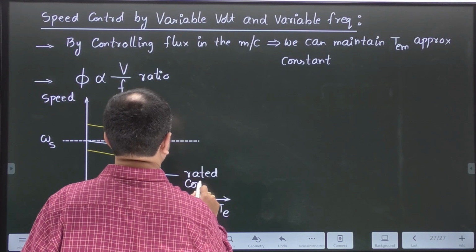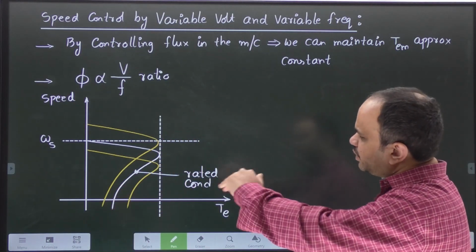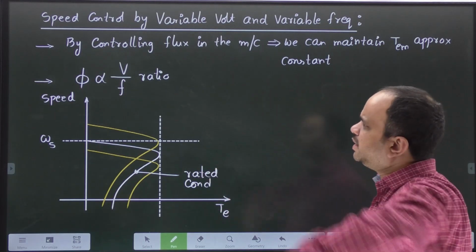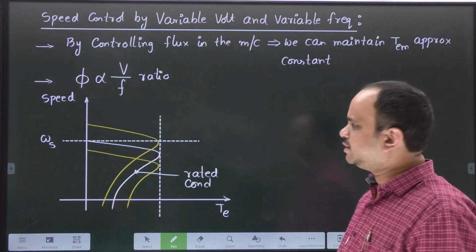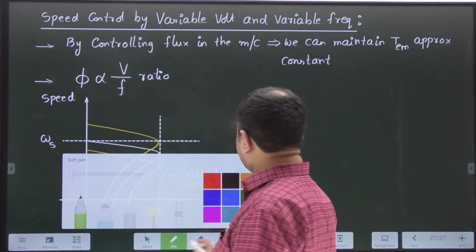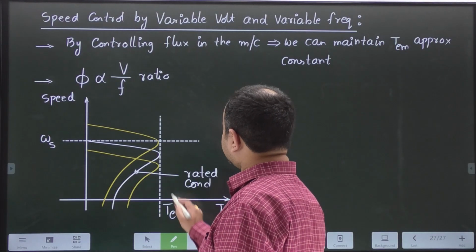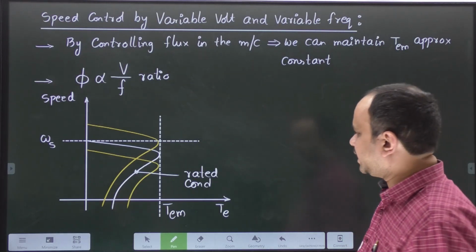Now in this case, if you decrease the frequency, simultaneously you are reducing the voltage also, so flux is almost constant, so that the maximum torque developed by the machine is approximately constant. Of course, there will be a slight variation, but that variation is almost neglected.